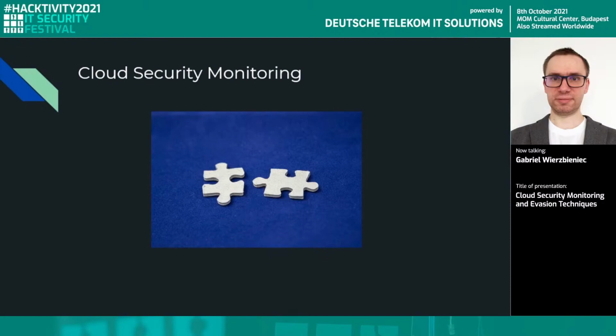In this model, presently we have two pieces. The first puzzle is cloud logs. These are provided by the cloud provider to us. And the second puzzle is the cloud analytics engine, so things like dashboards and alerting.